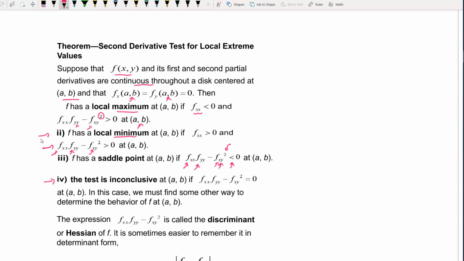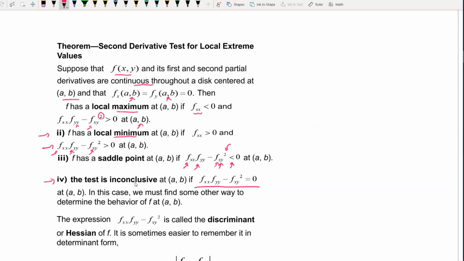So this one is less than 0 at (a, b). And then the test is inconclusive at (a, b) if, instead of less than 0, this one is greater than 0, or equal to 0 at (a, b).